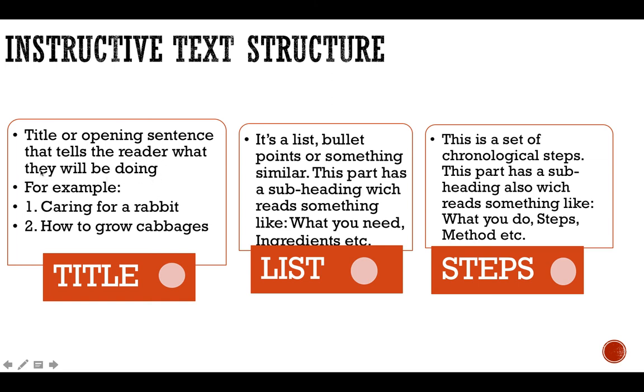It has to be clear and concrete about exactly what the text is trying to help us with. Maybe number one, for example, caring for a rabbit, or how to grow cabbages. With this title, it's possible to identify what the text is about.